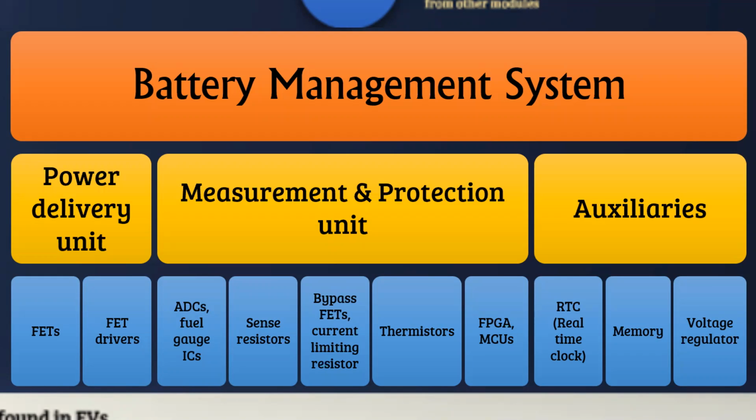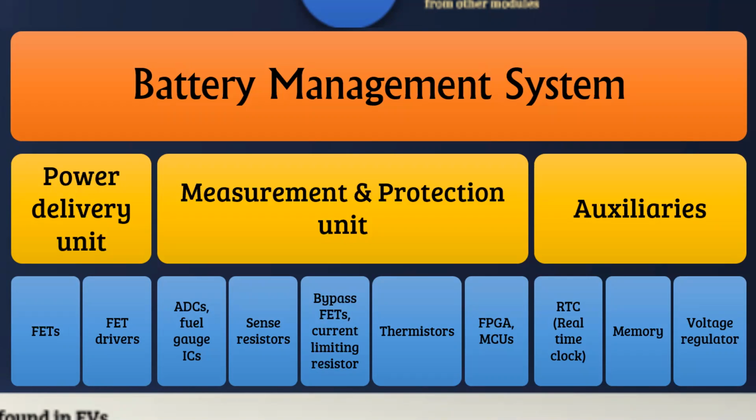Then in the measurement and protection unit, based on what we are measuring, we can have different components. So ADCs, or the fuel gauge ICs, are used to measure your SOC levels and the power flow that is happening. So it can measure the current discharge.